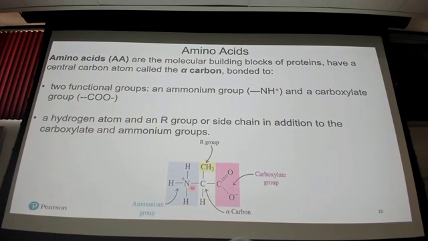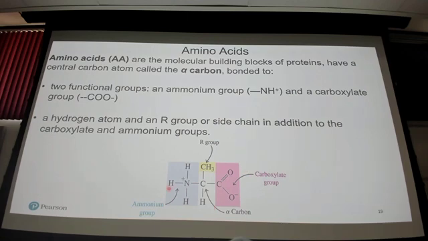It's going to contain a nitrogen atom, and it's going to be charged. Every amino acid is also going to contain a carboxyl group, which will be negatively charged. It's always going to be on the right. And then it will contain a hydrogen group.